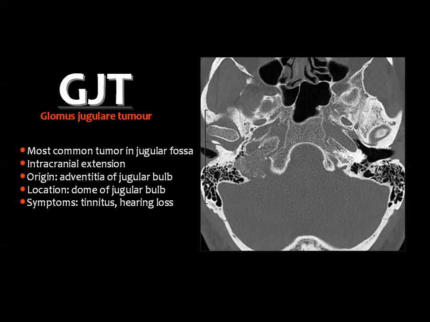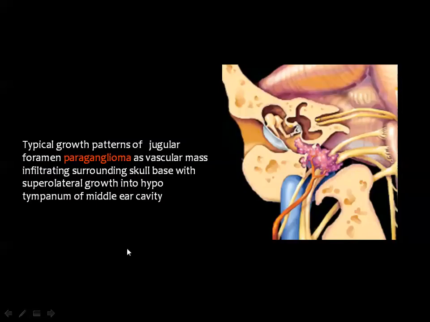fossa glomus tumor or chemodectoma, which is, as I have mentioned, the most common lesion arising inside the jugular fossa. And this lesion will show aggressive, erosive, and destructive changes of the jugular fossa. It will present with tinnitus and hearing loss. This paraganglioma will enlarge in different directions, and one of the common directions is the middle ear cavity.